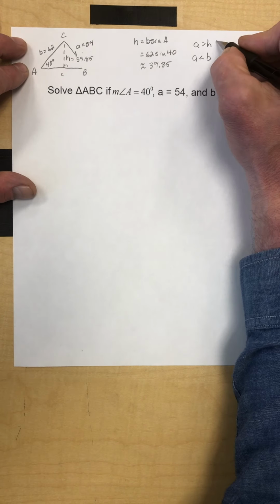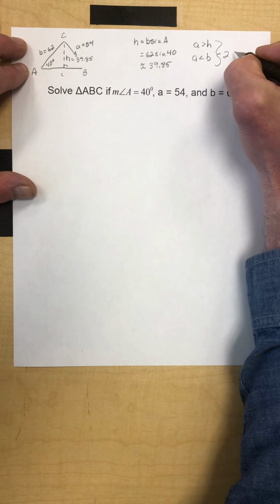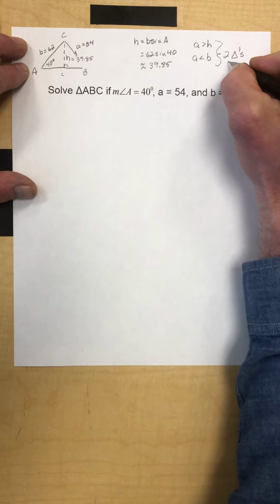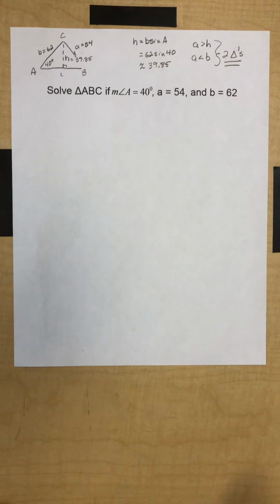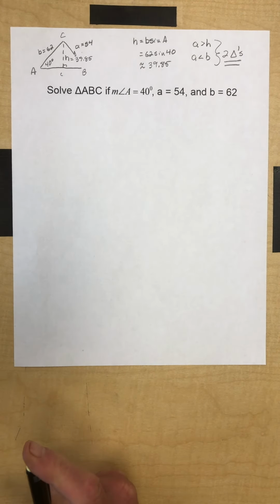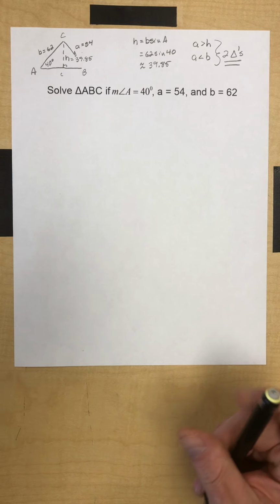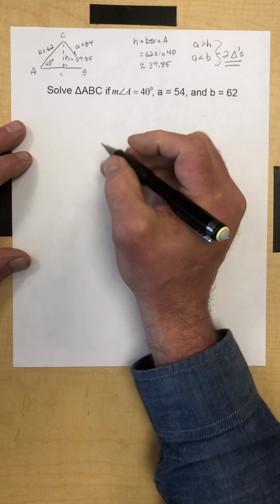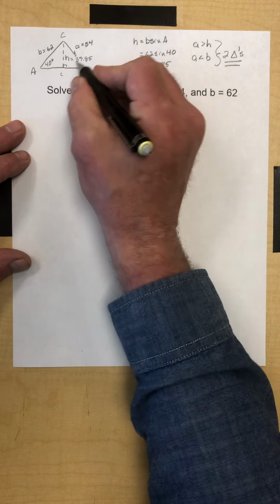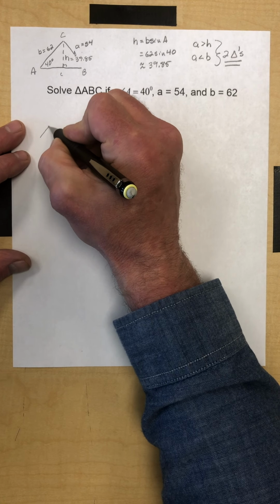So I get two triangles. This is the ambiguous case, where we get two different triangles. Let's see what happens here. I'm going to get one triangle that looks similar to this guy.